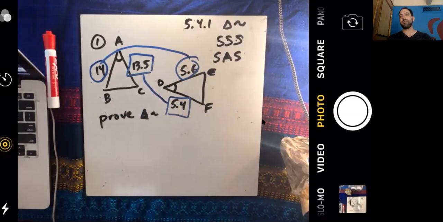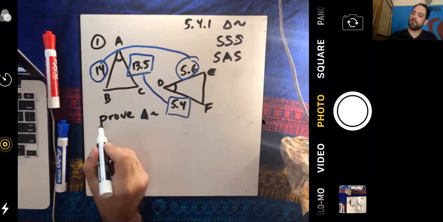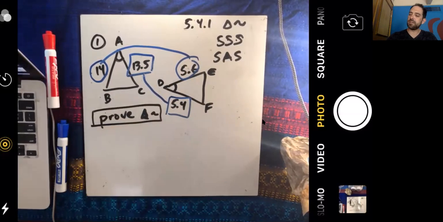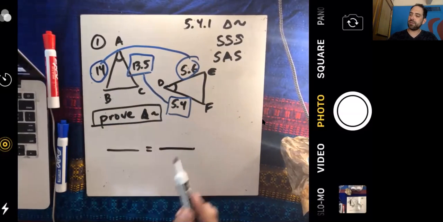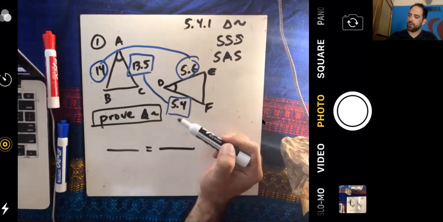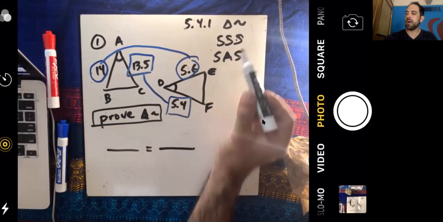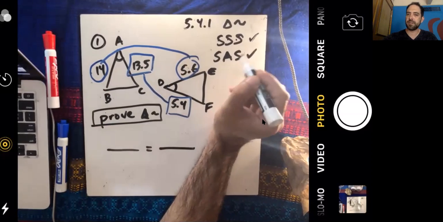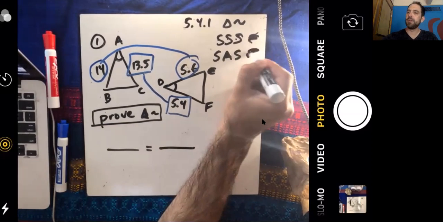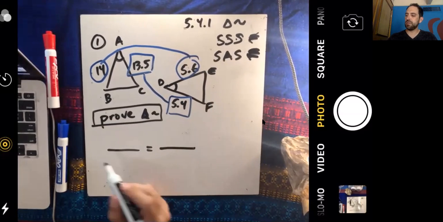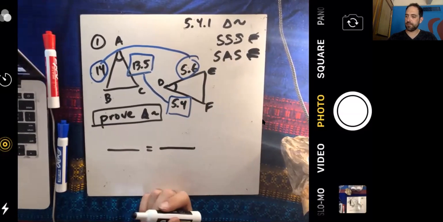So basically, because we have to prove the triangles are similar, we need to just create the same ratios, proportions, that we would if we had said, oh, check, these are obviously similar. We would do that process. We don't know if they're similar. So we're going to assume they are, do the same process we would, and see if it works out. So watch.